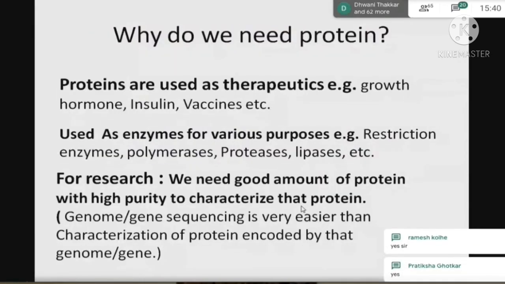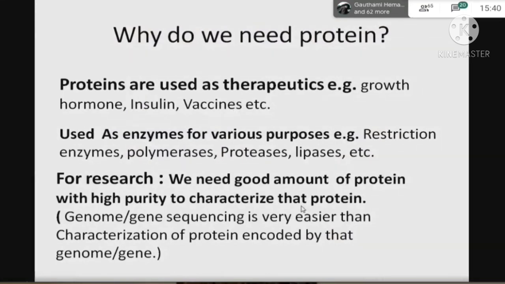The first question that arises: why do we need proteins? Proteins are used as therapeutics, as a drug, and as enzymes for various purposes. For example, the restriction enzymes and polymerase we use are all recombinant proteins. There are many industrial and research uses of enzymes.